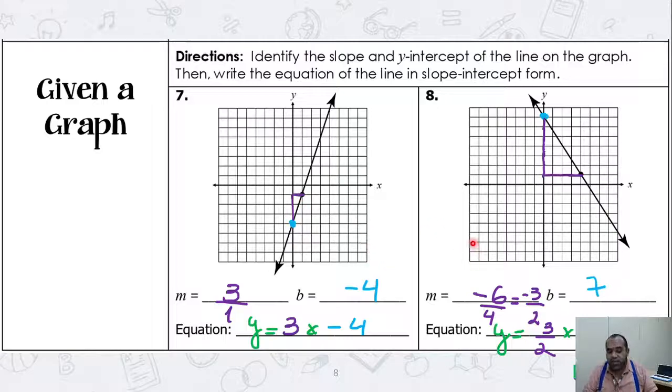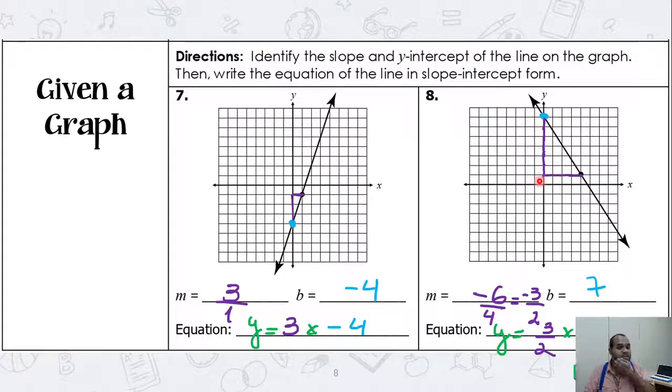Nice. And this second one, where is my b? The y-intercept is when you cross the y-axis over here. And your rise, as you notice, is down, it's decreasing. It means it's negative. -1, -2, -3, -4, -5, -6.